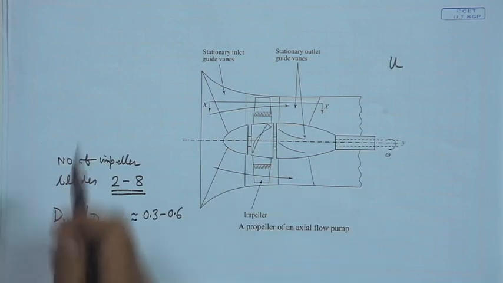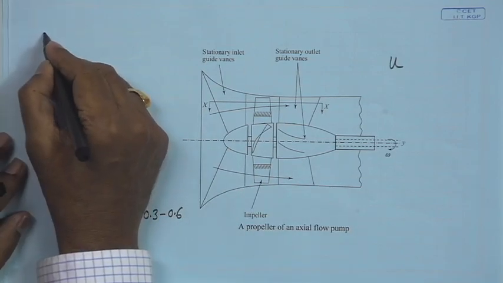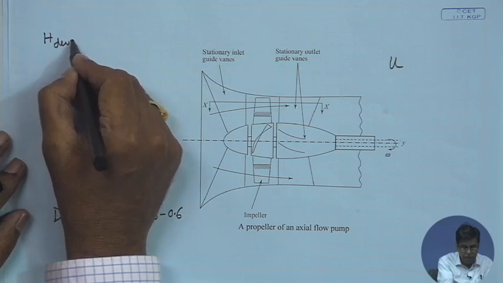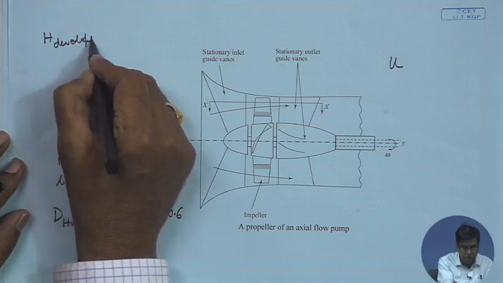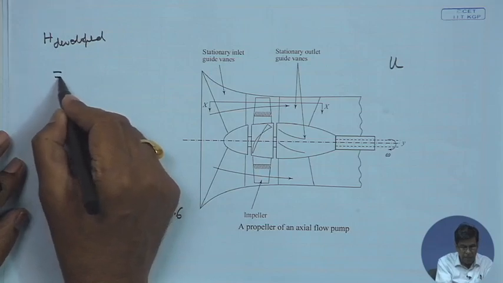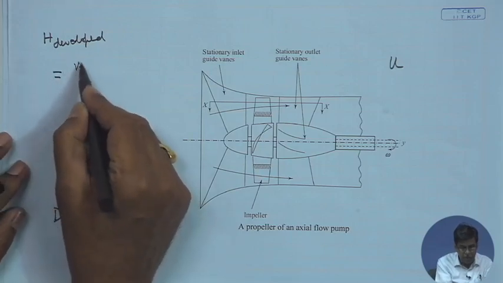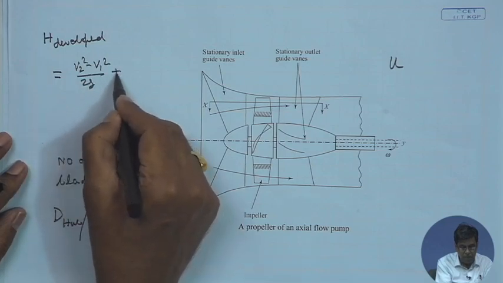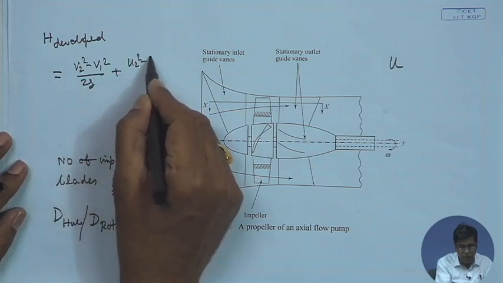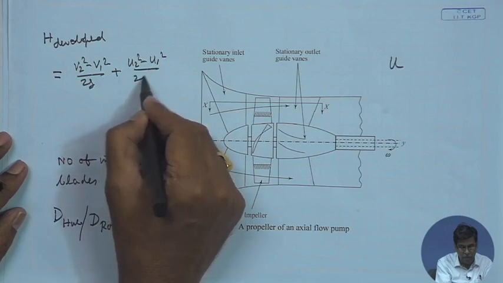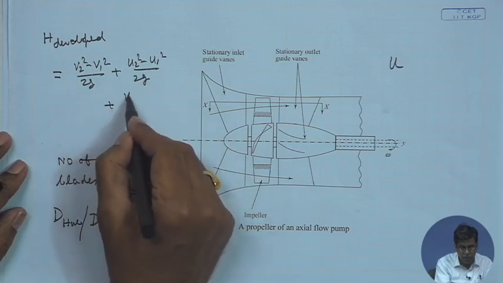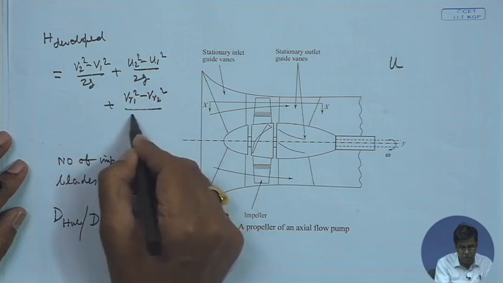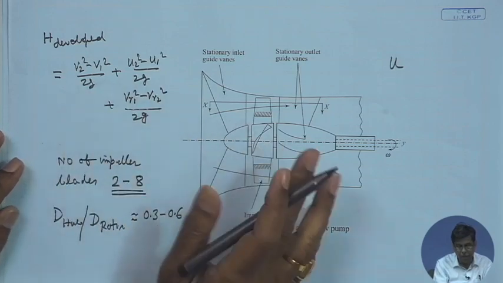So, therefore, if we write the head developed by the pump, that is equal to (V2 square minus V1 square) by 2g plus (U2 square minus U1 square) by 2g plus (VR1 square minus VR2 square) by 2g, just the minus sign as compared to that of the turbine.